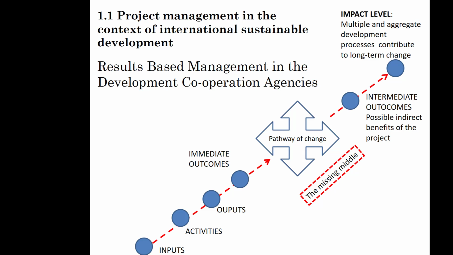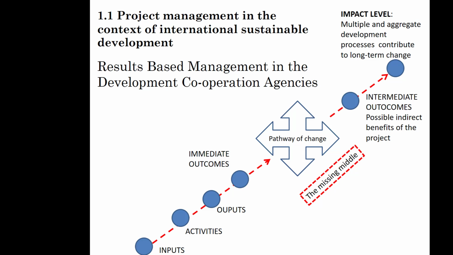Let's say an example. Change in the capacity of extension officers, let's say for agriculture in some developing country. Let's say in the capacity of these extension officers to train farmers in climate-smart agriculture. If the capacity of extension officers increases, this does not guarantee per se that farmers will adopt these climate-smart technologies. Many other external dependencies may play a crucial role, like the access to credit or the literacy of farmers.